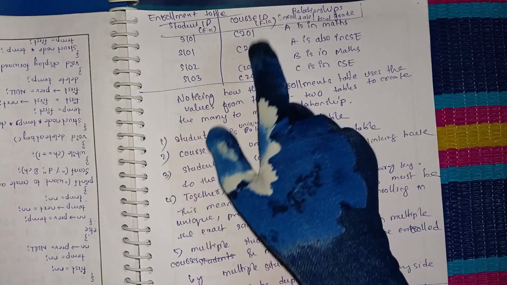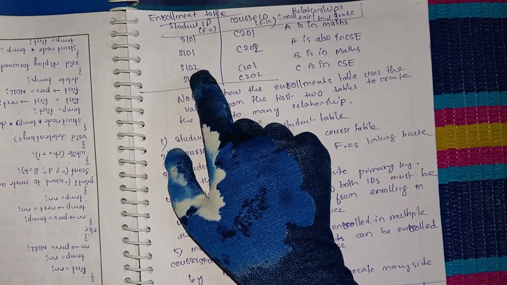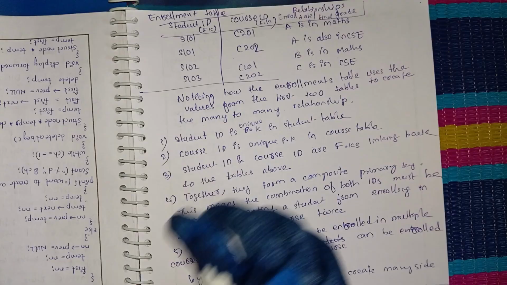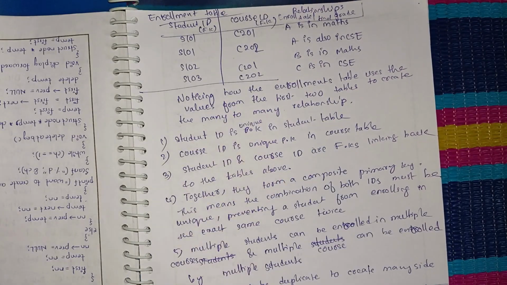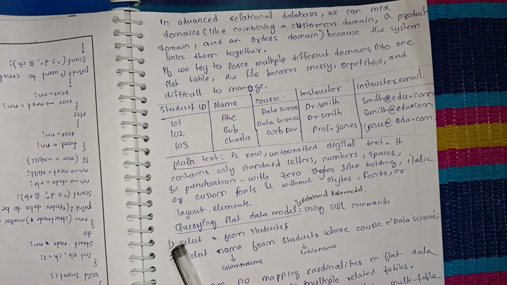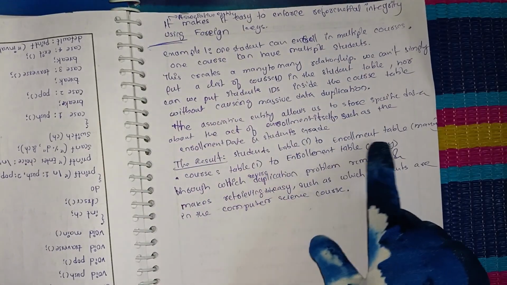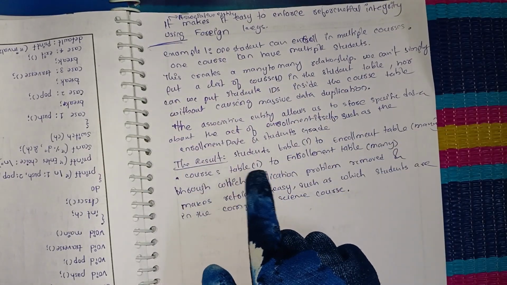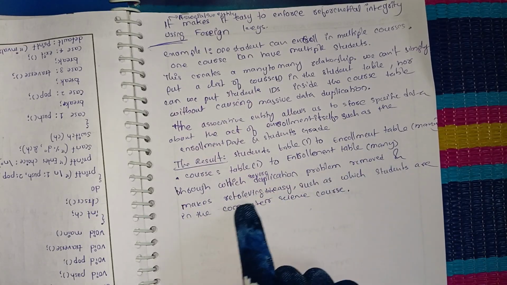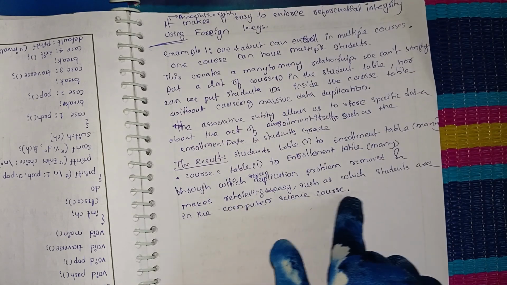A particular course is enrolled in by multiple students, S101 and S102, so a one-to-many relationship is established between the course table and the enrollment table. So we have student table one to enrollment table many, and courses table one to enrollment table many, through which the severe duplication problem is removed and retrieving data becomes easy, such as which students are in the computer science course.